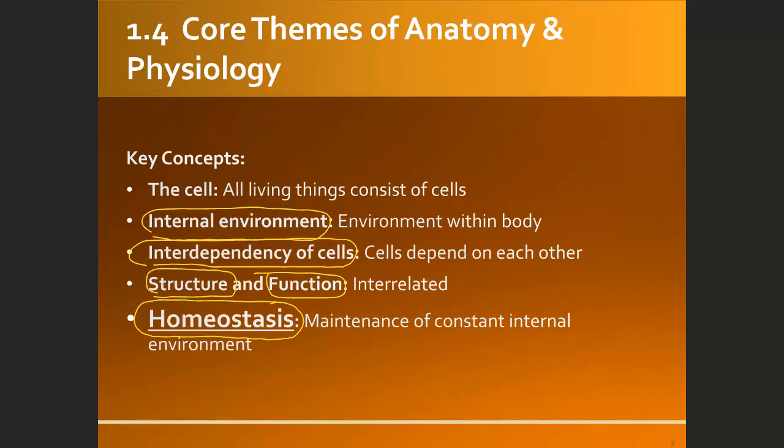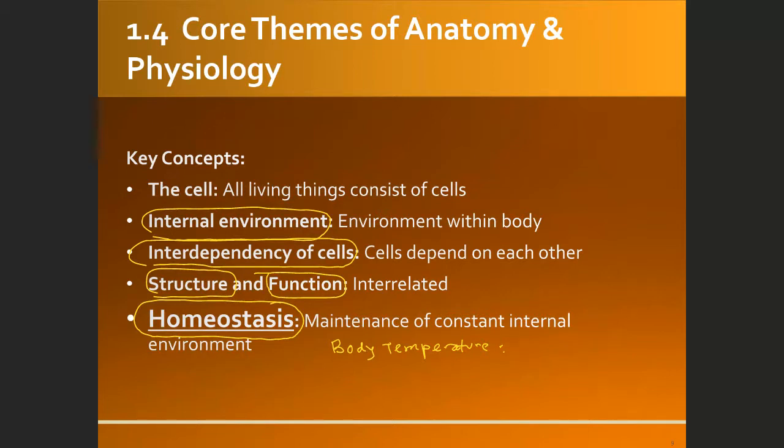So homeostasis is the internal body conditions that have to be maintained in order to be healthy or normal. Like for example, body temperature. The homeostasis for body temperature is around 98 degrees.